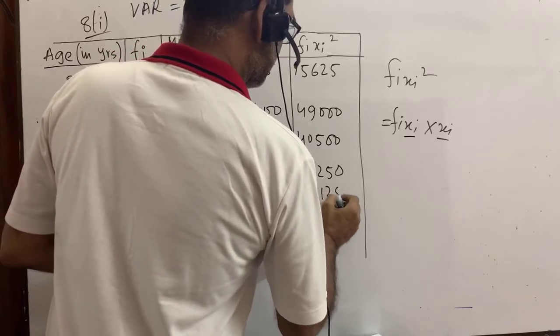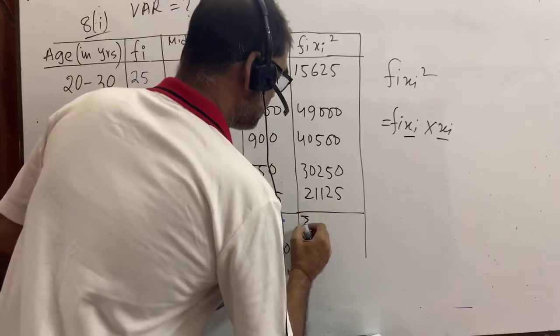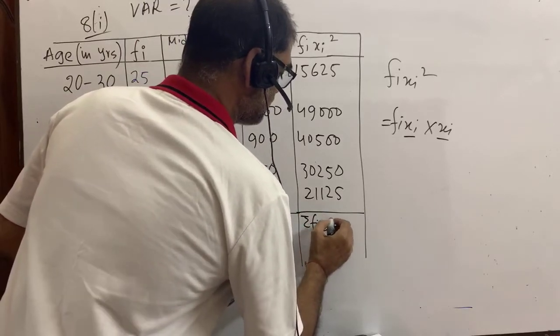So this is called summation fi xi square.